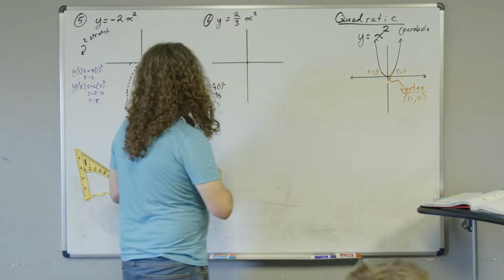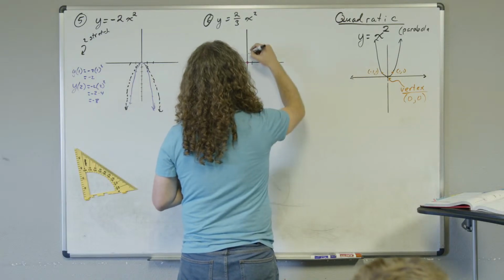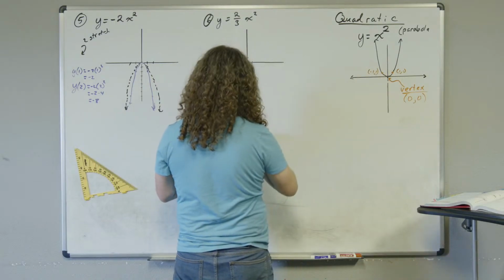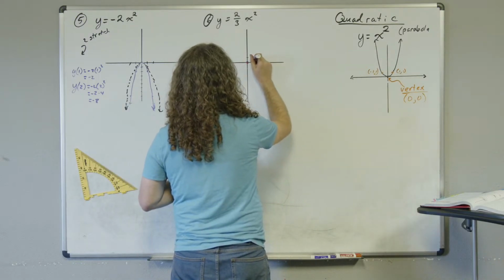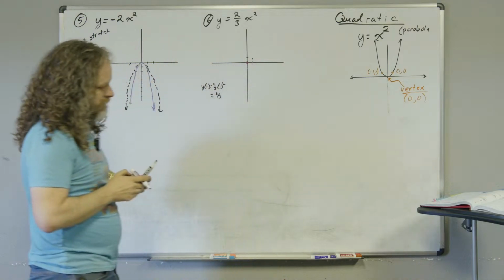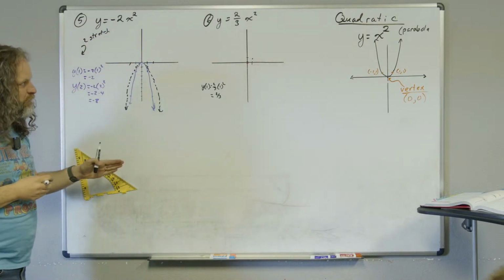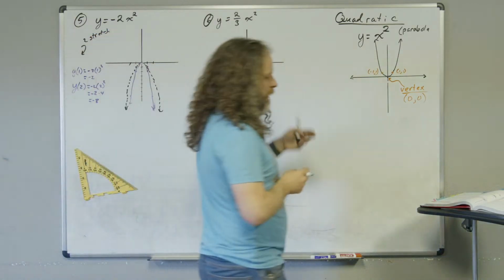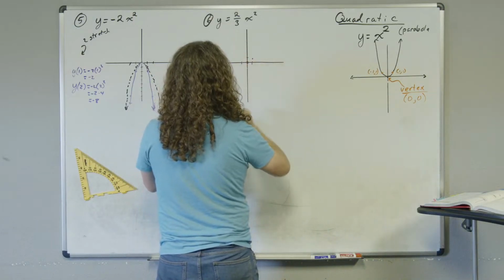Okay, so go over 1 and up 2/3, which makes sense, right? We said it's compressing, so it's not up 1 over 1. It's over 1 up 2/3. Same idea as this, right? This was over 1 down 2, and this is over 1 up 2/3. Easy peasy. You're going to have a mirrored one over here.